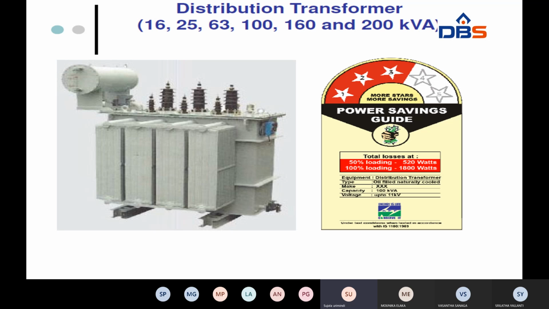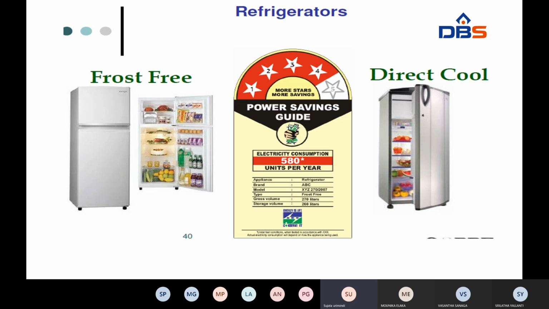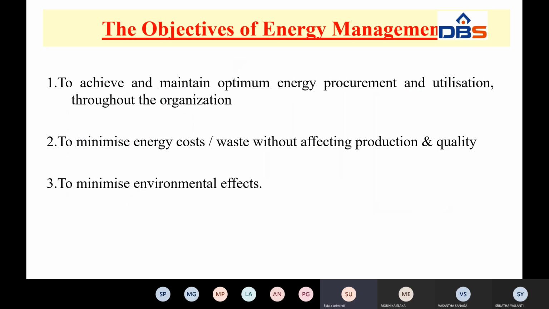And for a distribution transformer, there is a saving guide. For a refrigerator with direct cooling, how much it consumes per day, how many units per year, how much power is saved. Like that, every product has standards.